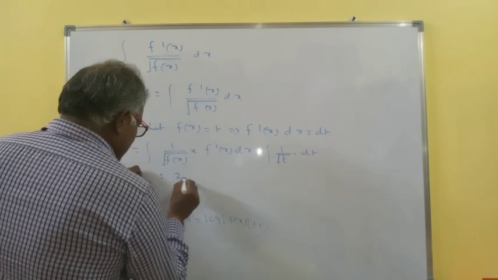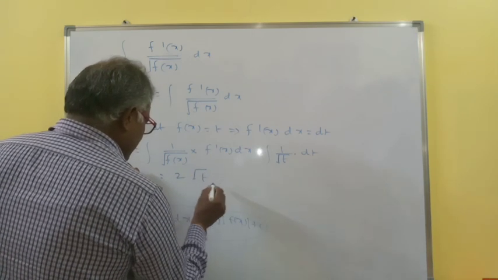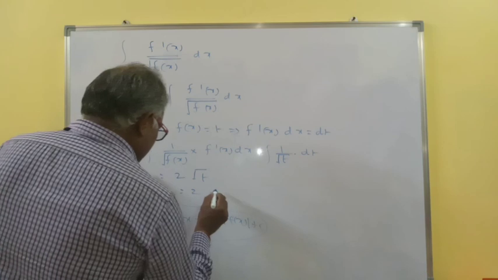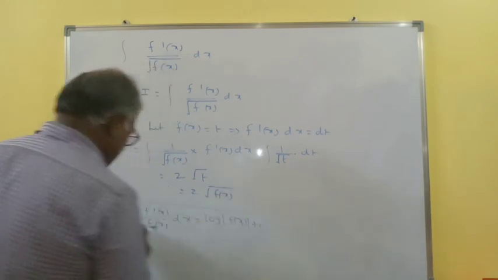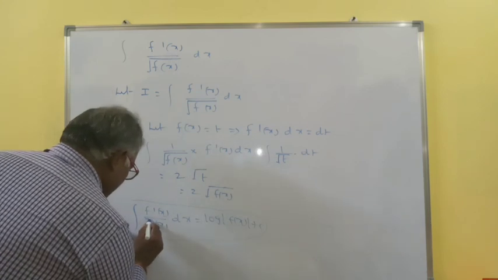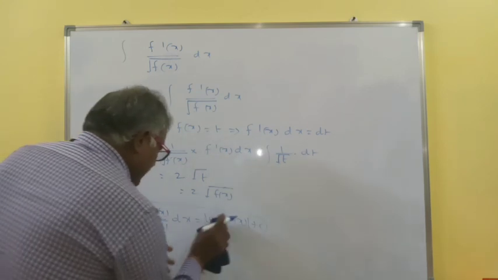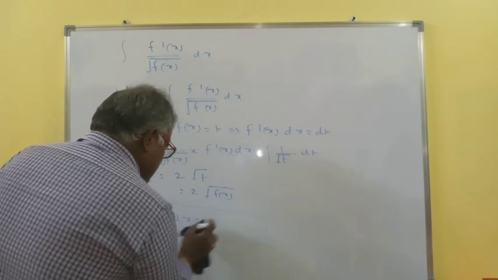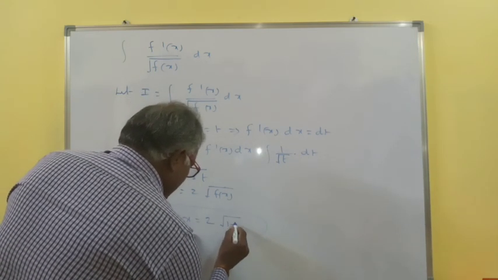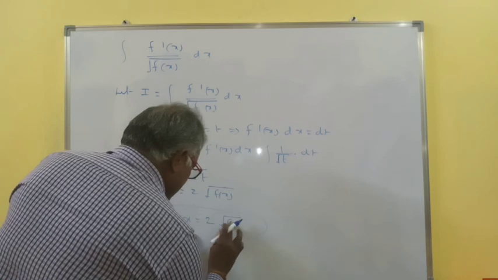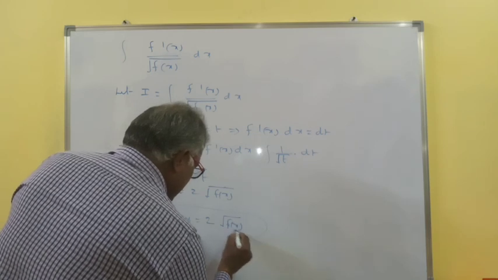So similarly 2 root t, that means clearly 2 root f of x. So finally f dash x by root f of x gives us 2 root f of x.